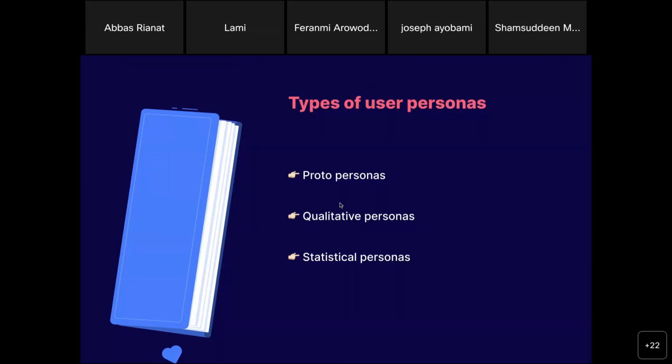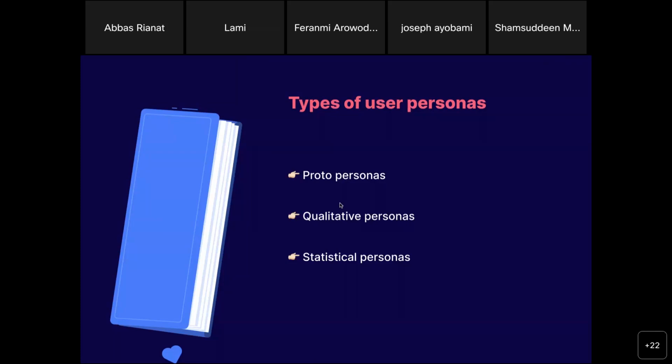Proto personas can come before your research. They can come before you even analyze your research. They can come in when you meet with your stakeholders, because these are just the team's existing assumptions. You meet with your stakeholders, you talk about a particular problem, a particular feature that you want to introduce, and as a UX designer, you start thinking about who your users are.